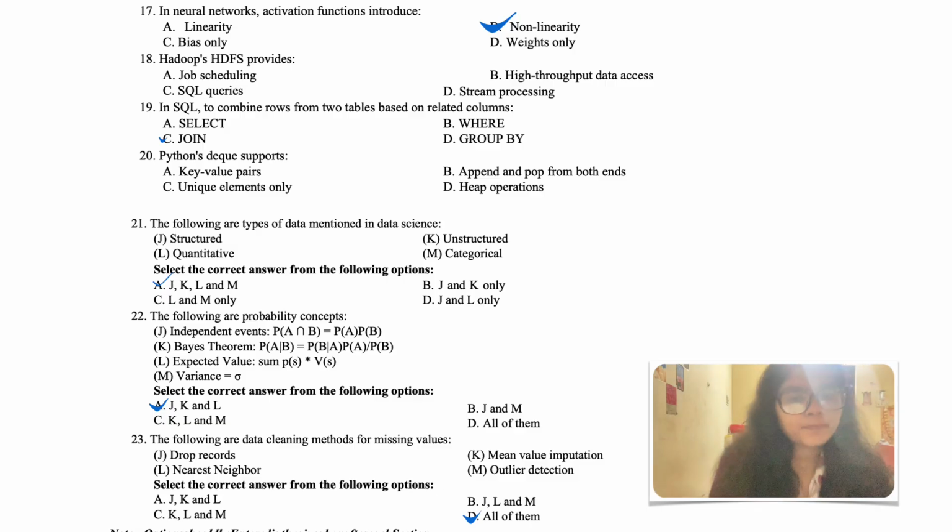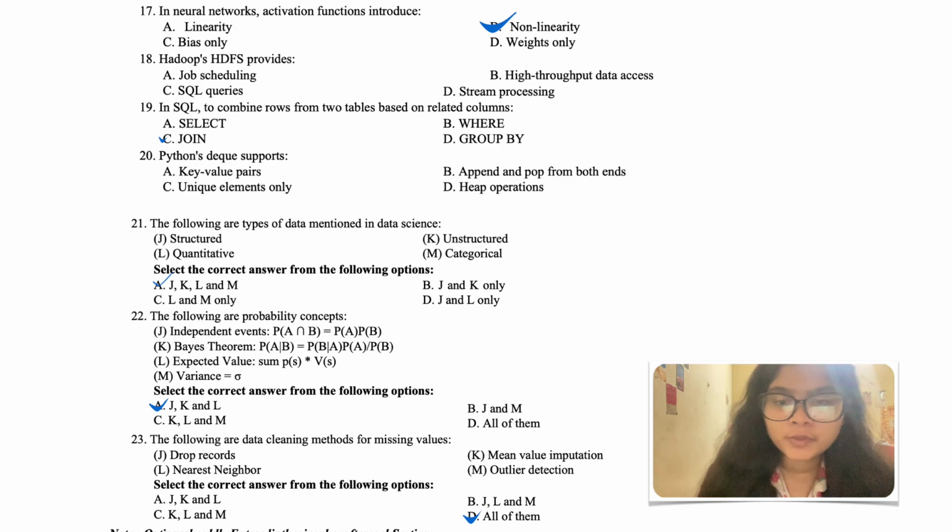If we are inserting a value in a row where there are missing values for a specific column, we can use these three options: drop the records, which is not recommended, never; mean value imputation, here it can be used; and nearest neighbor, not outlier detection.